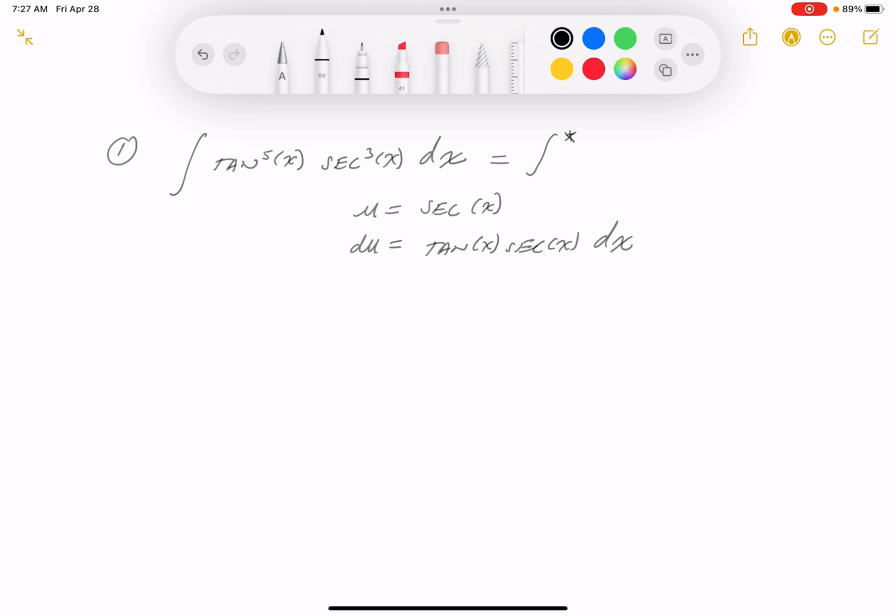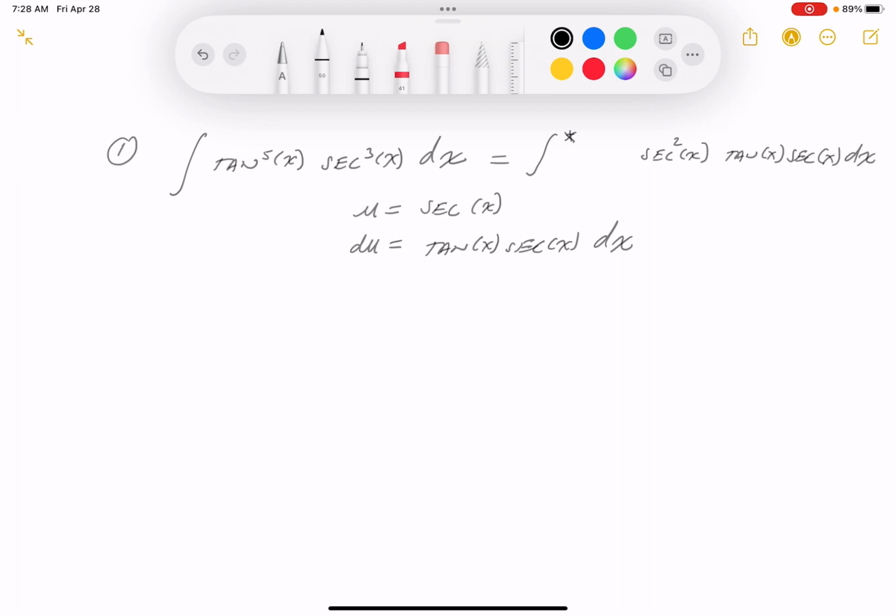So I want a secant, I want a tan secant. All right, so let me tell you what's left over. I can make secant squared, because then we have secant cubed, right? And that's tan 4 would be left over, all right?